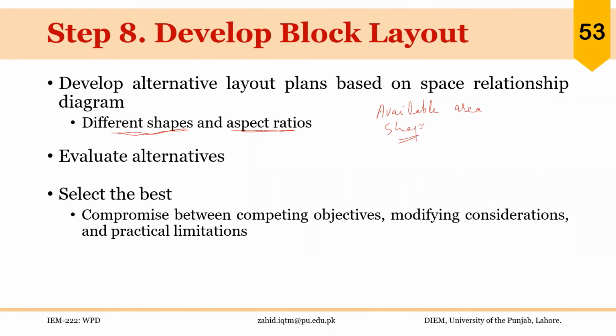That helps us decide a specific block layout. Based on the different options available, we select the best option. We may have to compromise between competing objectives, modifying considerations and practical limitations. One of those limitations is the available area where the plant is being constructed and the shape of that area.